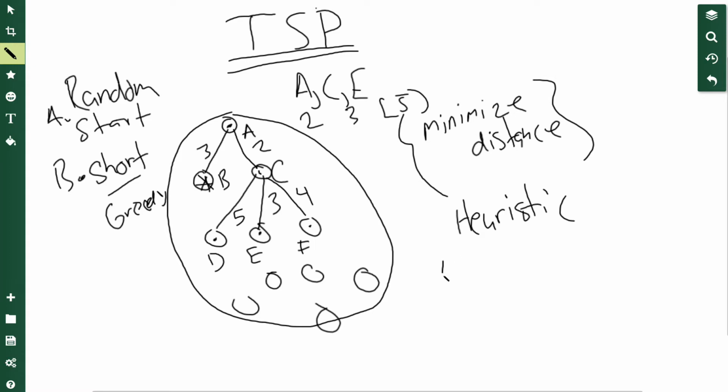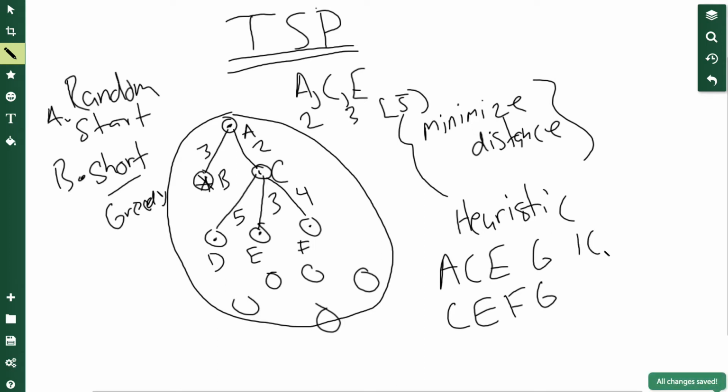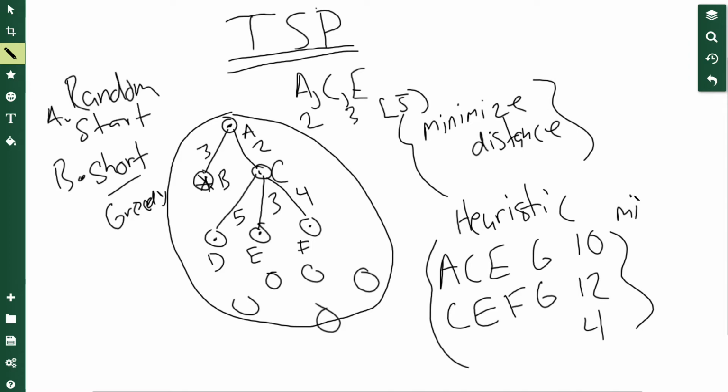So you could have, maybe one route, you go A, C, E, I don't know where you go next, G, and then another one, it's C, E, F, or G. And then let's say this one was 10 and this one was 12 and then this one was 14. All you need to do now is just minimize, and you can just say that I want to select the route that is going to be the shortest total length.